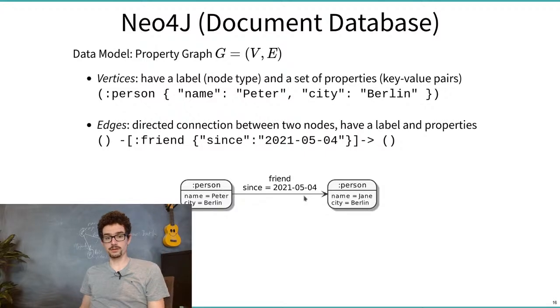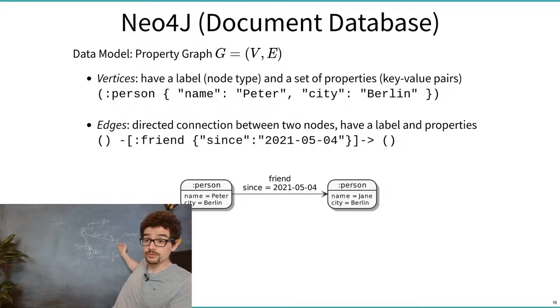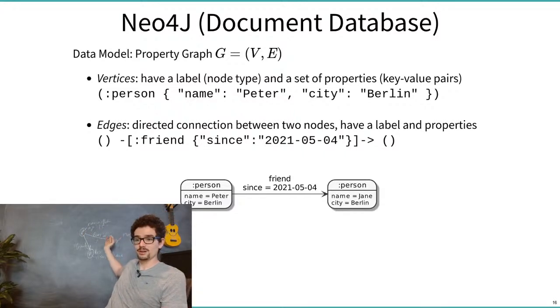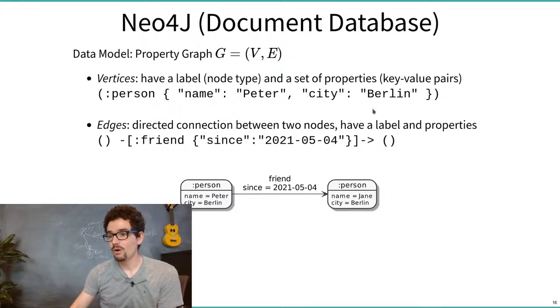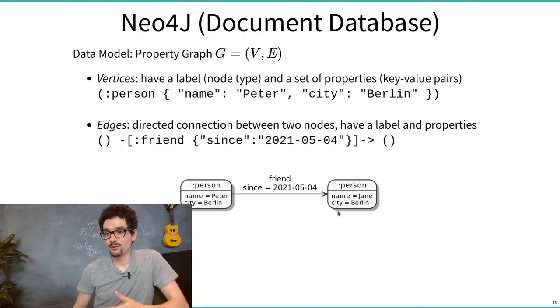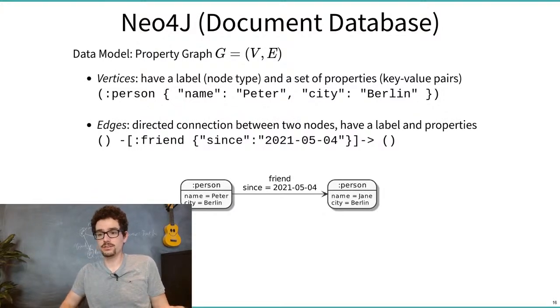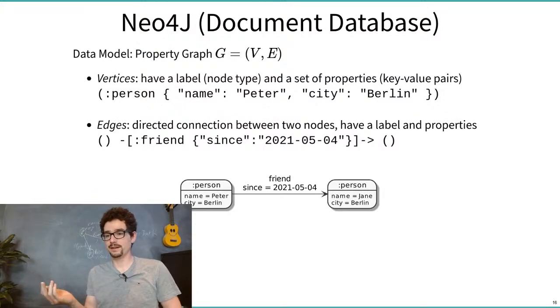And now again the question is, do I have city nodes and then an edge, somebody lives in that node, or do I have a city property? So again, you have to decide how to model things this way or that way, and it depends on how you want to query the data.